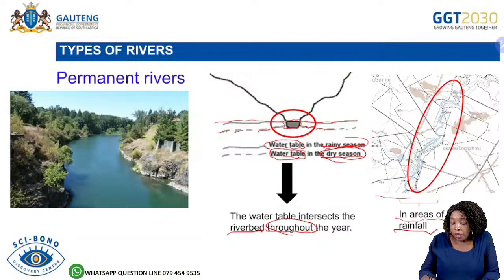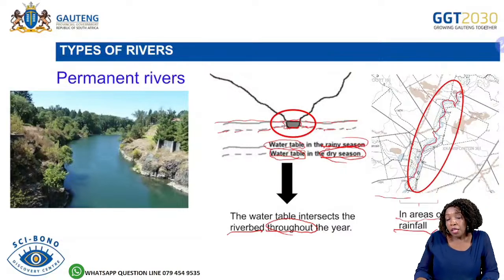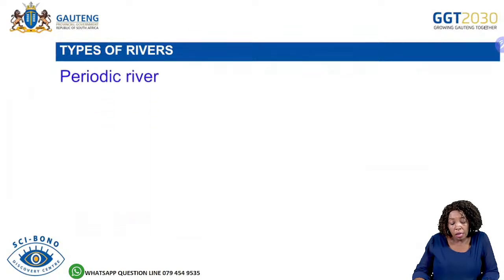So what can you identify here? There's this thick solid blue line showing that this particular river is flowing throughout. There are high volumes of water throughout in that area.